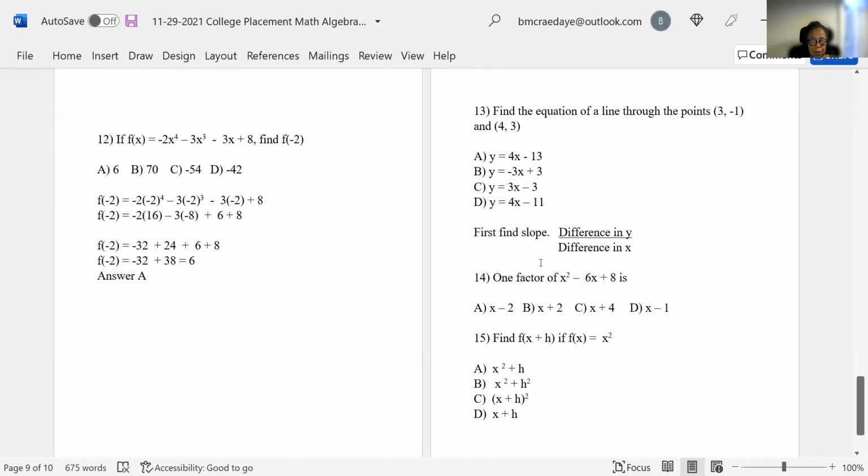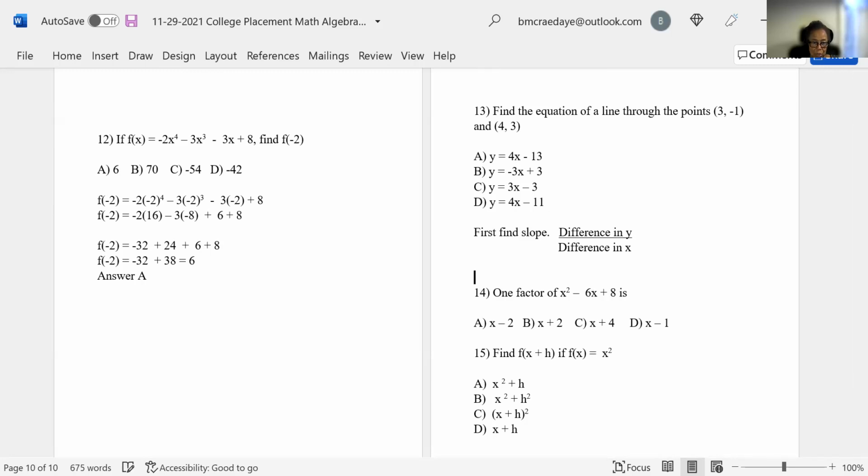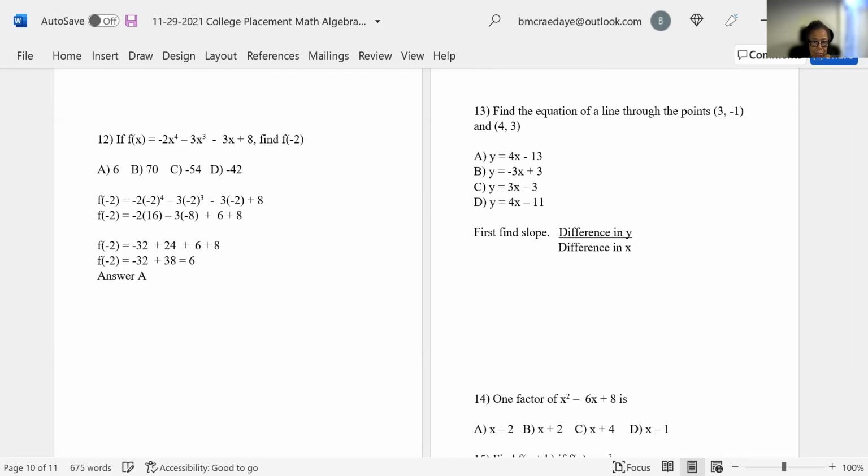But what are your y values for me? Well, this is X, Y, X, Y, right? So your Y values are -1 and 3. Your X values are 3 and 4.